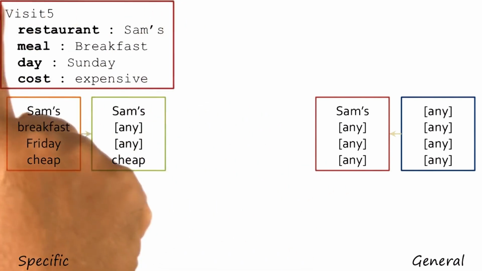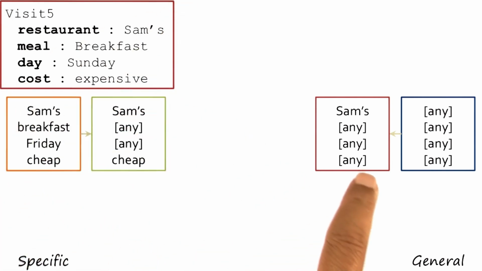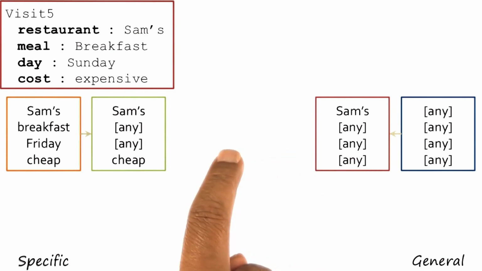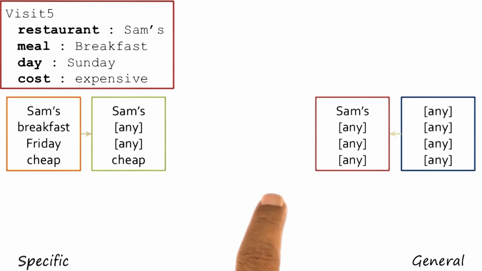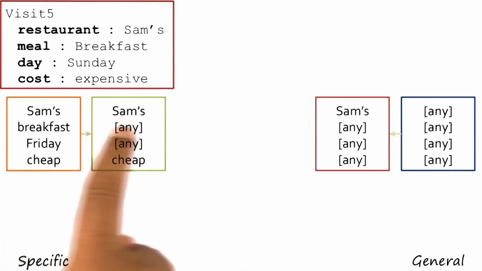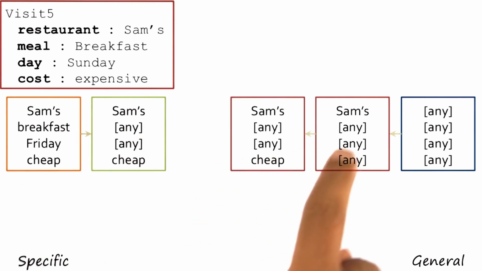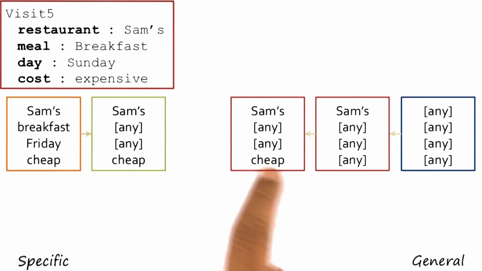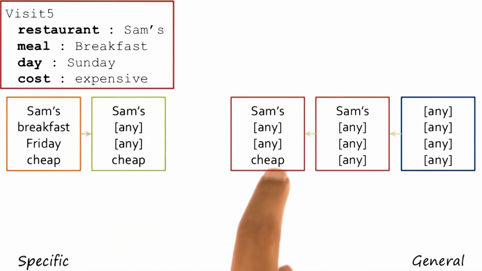This is a negative example as indicated by the red outline. Because it's a negative example, we must specialize the most general characterization in such a way that this negative example is ruled out and the specialization is consistent with the most general version starting from the most specialized concept characterization. The only specialization of this general concept that both excludes this and is consistent with this node is Sam's cheap.